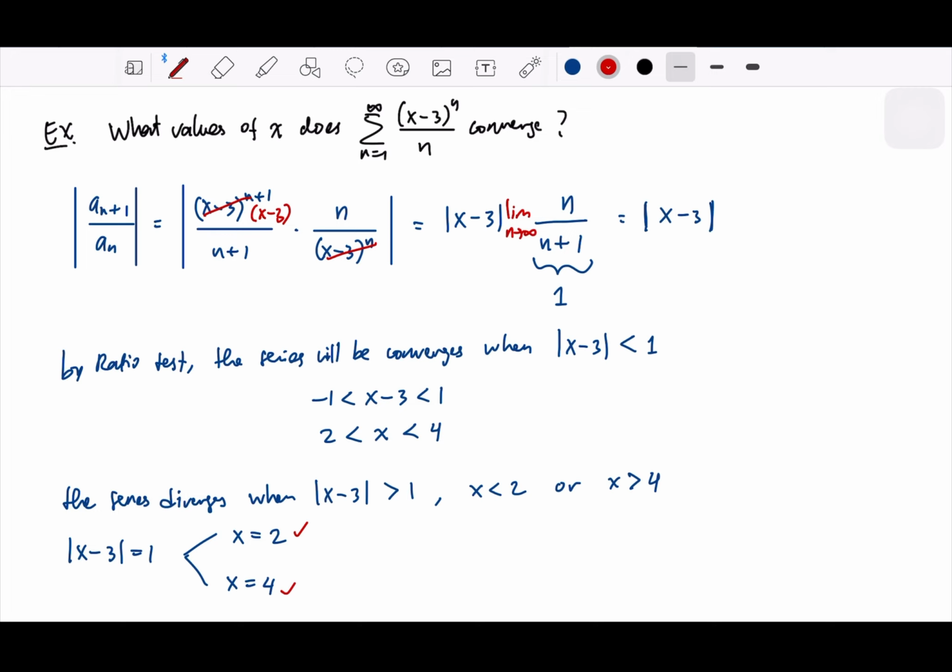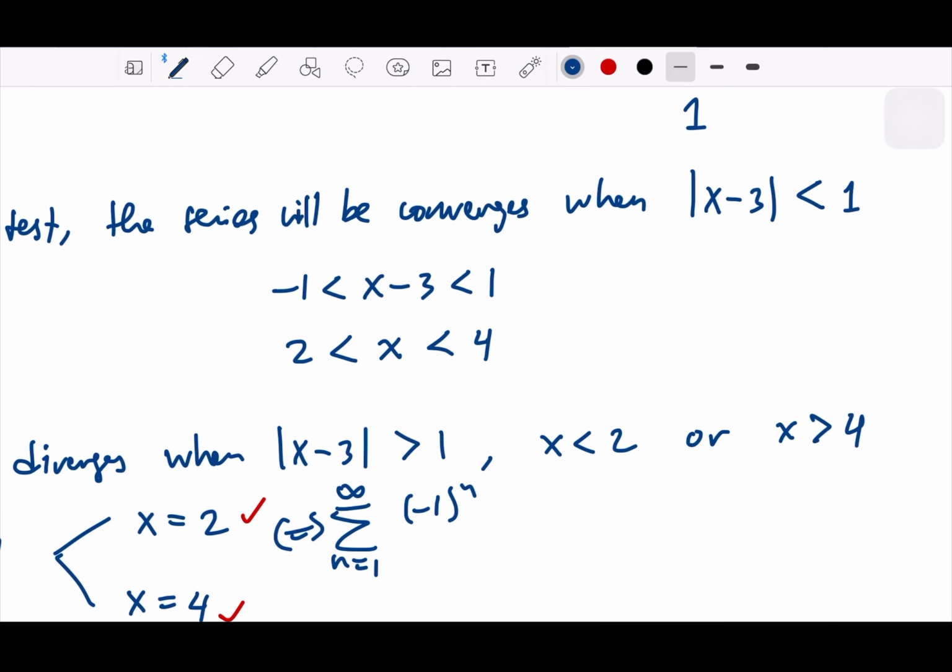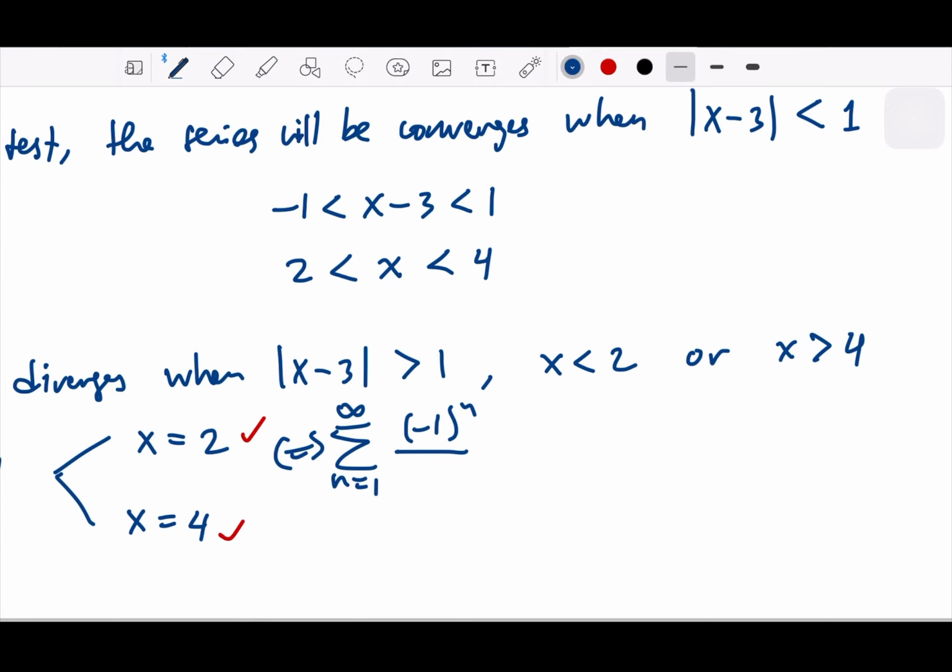So if we check with x equal 2, we have the series negative 1 to the n divided by n. And if x equal 4, it's going to be 4 minus 3, which is just 1, so it's just 1 over n.